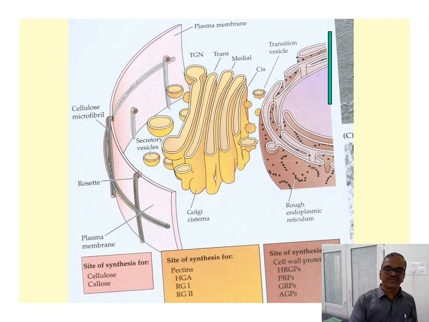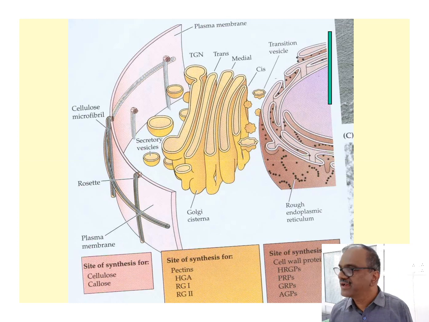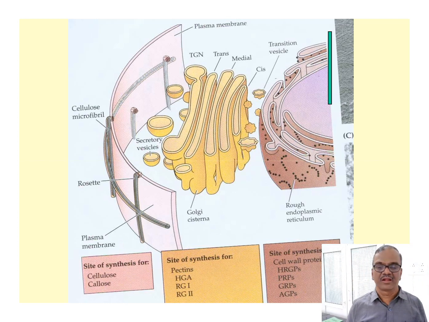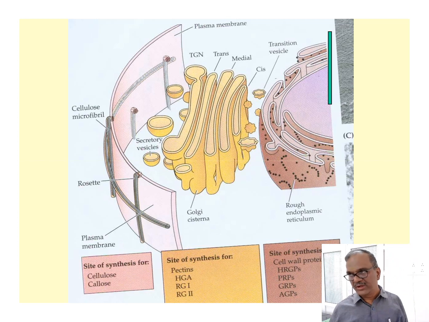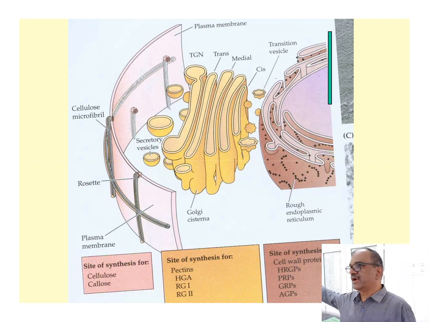Okay, the site of synthesis of pectins, where is it? It is a secretion from the Golgi apparatus. The site of synthesis for them is yellow in color. You can see that they are the Golgi apparatus. They are the pectins, so it may be rhamnogalacturonan or rhamnoarabinoxylogalacturonan.